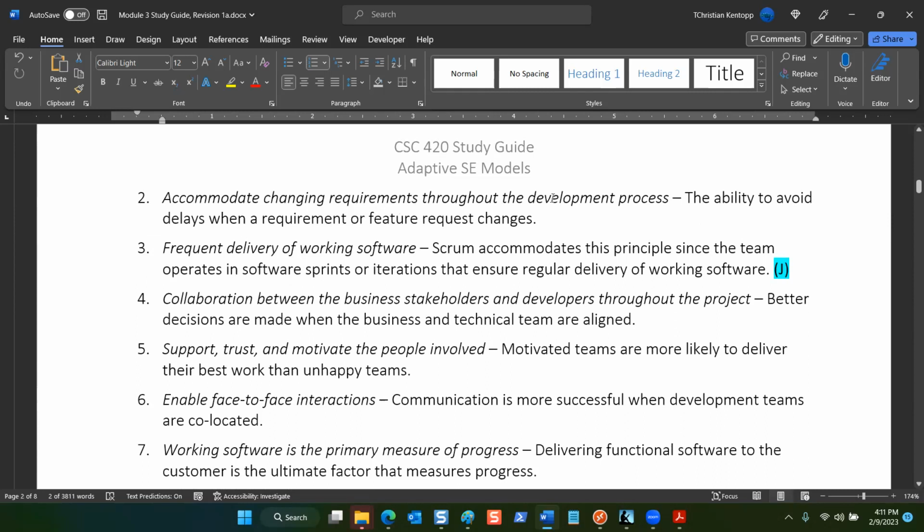Accommodate changing requirements throughout the development process. So customers realize things and they get revelations in the middle of a development process. In the middle. Again, how dare they? Right? We had a plan. No, this is a different way of working. You know they're gonna come. Hey, I was thinking, if we did it just a little different, we could do something no other business has ever done before, and that's where you get the Chick-fil-A.